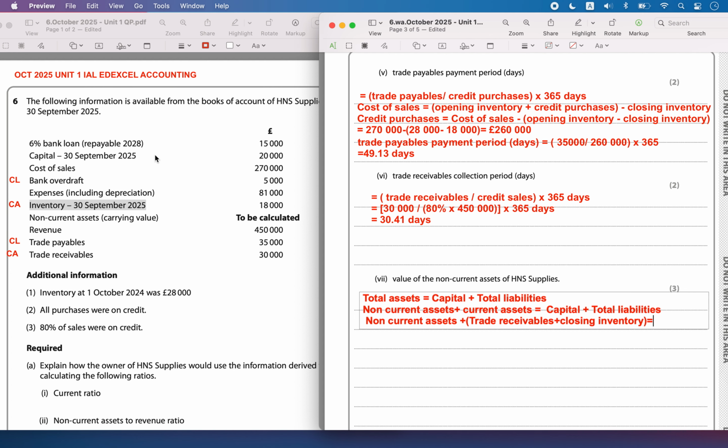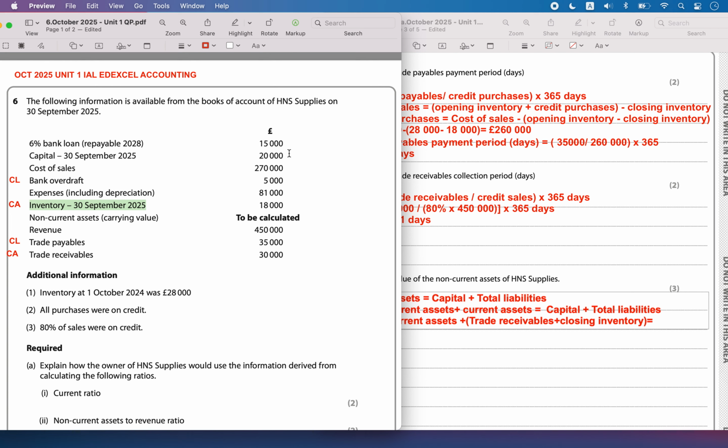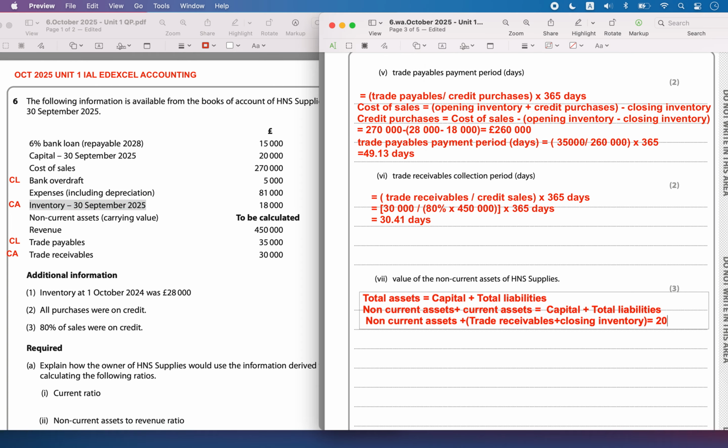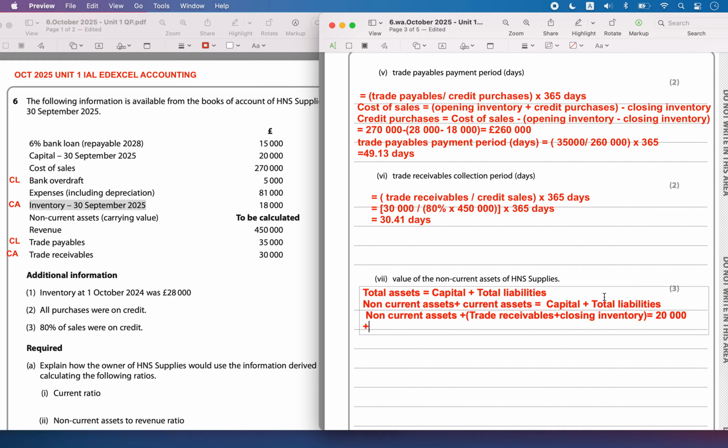We know what the capital is. Capital is directly given, that is 20,000, plus the total liabilities.